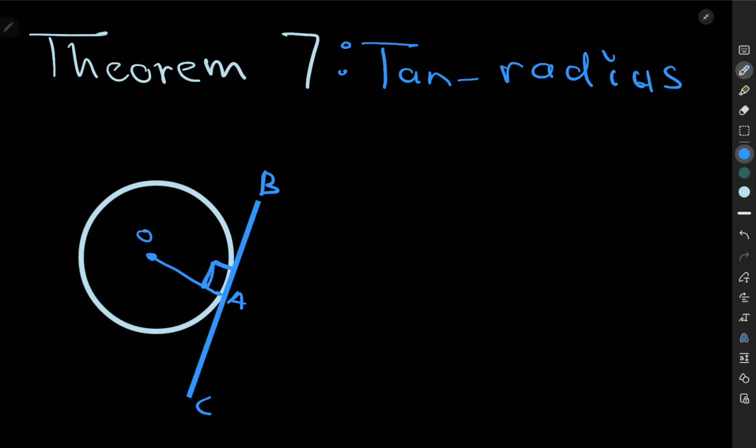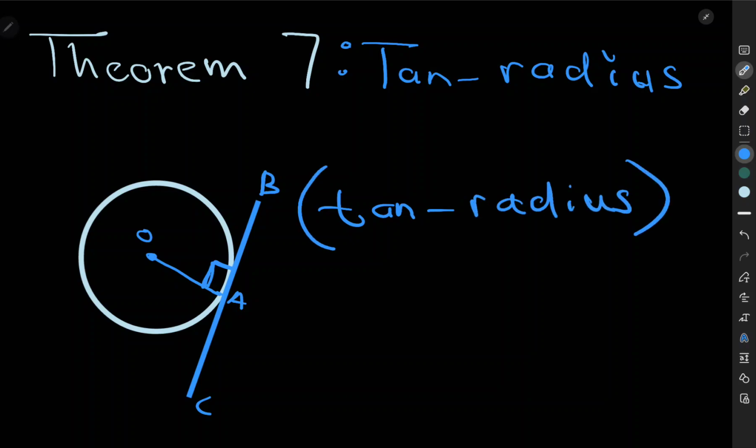So this theorem says tan radius, just tan radius. Every single time you just have to say tan radius, or tan diameter. It can be a diameter because a diameter is twice the size of a radius, just that line extended further to the other side of the circle.